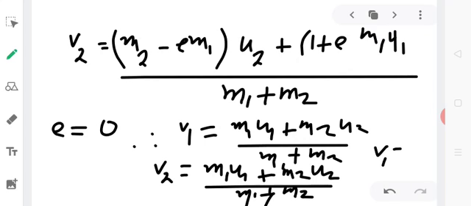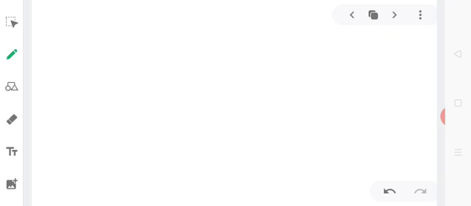This means v1 is equal to v2 for perfectly inelastic collision in one dimension. So both the bodies after collision move with the same velocity. That implies that the two bodies stick together.